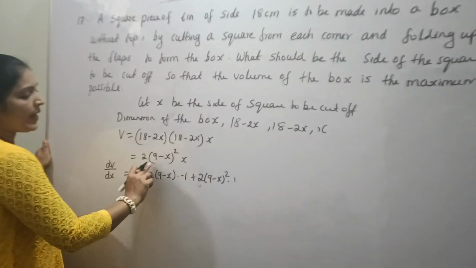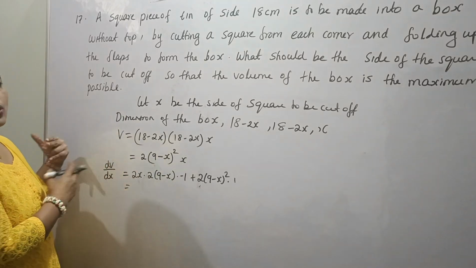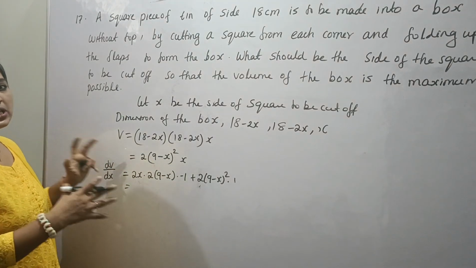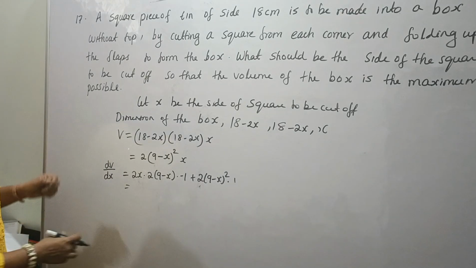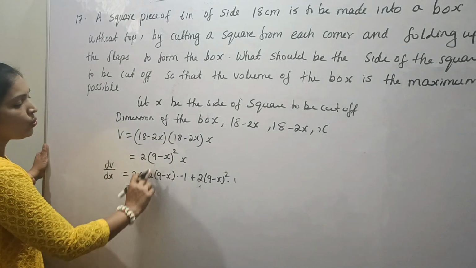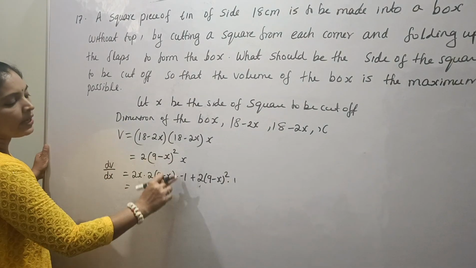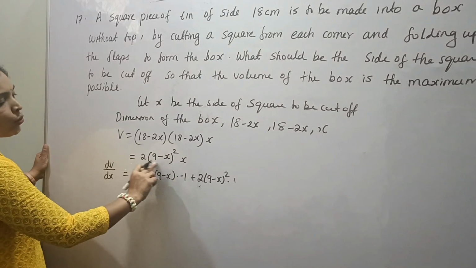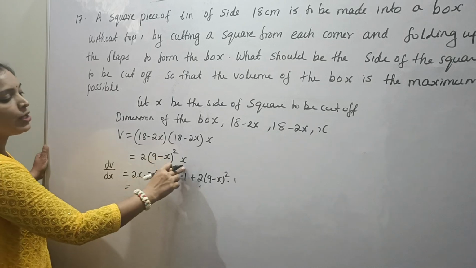So here 2x into 2 into 9 minus x into the derivative of 9 minus x, minus 1, plus next 2 into 9 minus x whole square into 1.